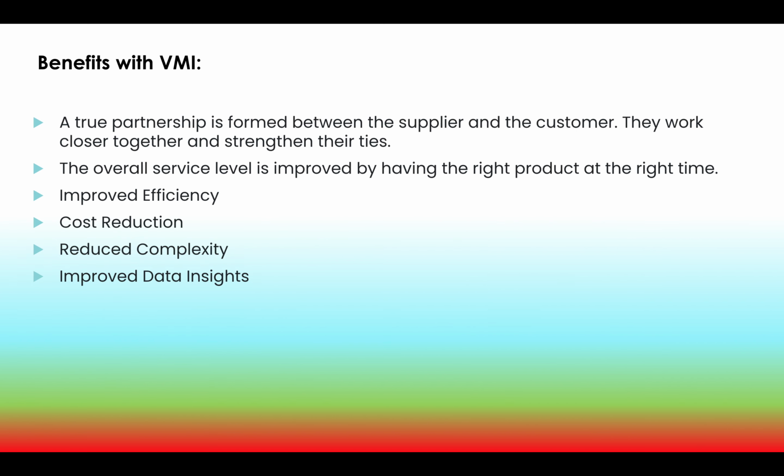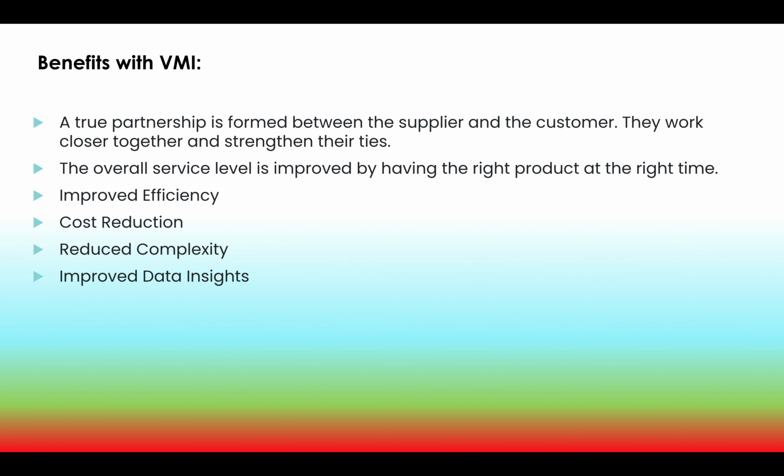What are the benefits? A true partnership is formed between the supplier and customer, because the customer has no need to monitor inventory levels. The supplier will take care of that. They work closer together and strengthen their ties. The overall service level is improved by having the right product at the right time.